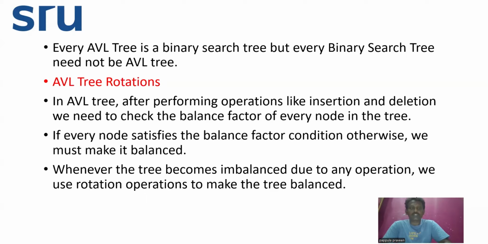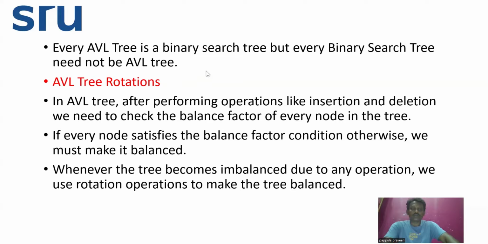AVL tree rotations. In an AVL tree, after performing operations like insertion and deletion, we need to check the balance factor of every node in the tree. If every node satisfies the balance factor condition, fine; otherwise we must make it balanced. Whenever the tree becomes imbalanced due to any operation, we use rotation operations to make the tree balanced.